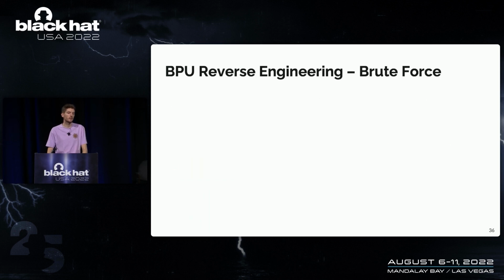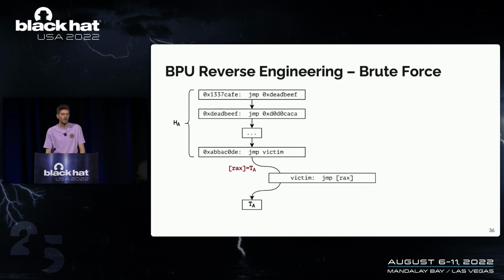To do so, we can build a very simple experiment. As you can see here on the left, we have a jump chain, a simple trick for us to generate a history. From the address dead cafe we jump to dead beef, from dead beef to the next address, and so on.